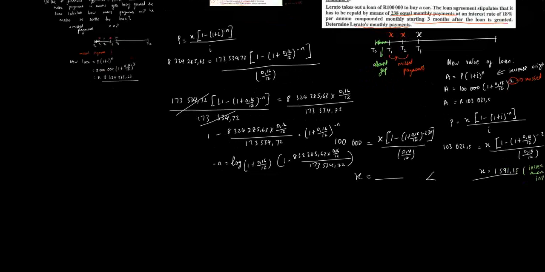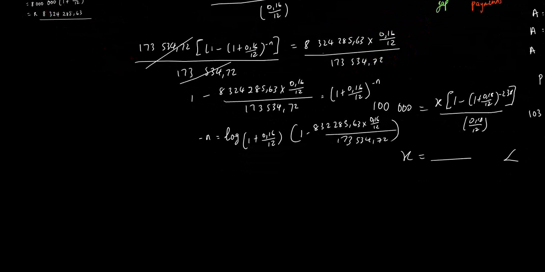Now let's say you calculate n. Let me put it in my calculator. So it's 1 minus 8,324,285.63 times 0.16 over 12, and then 173,534.72.